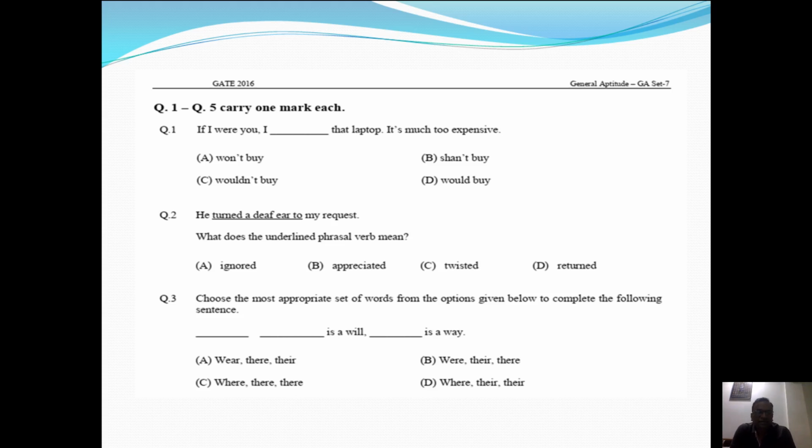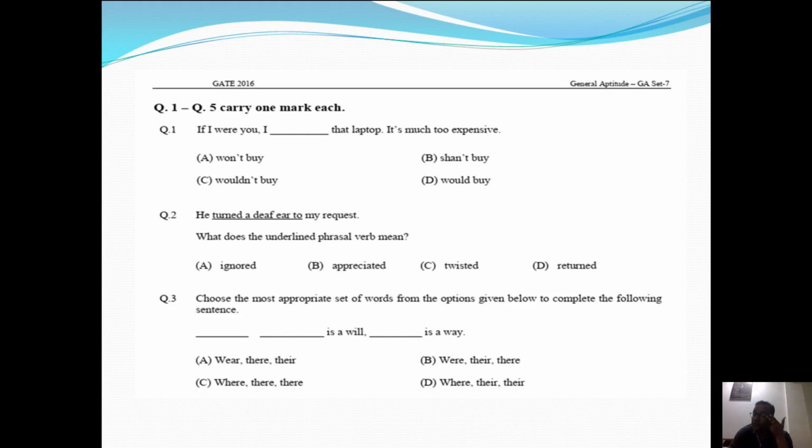Question number 3. Choose the most appropriate set of words from the options given below to complete the following sentence. Such kind of questions are also asked in the GATE examination verbal ability section, so you will have to focus on them.